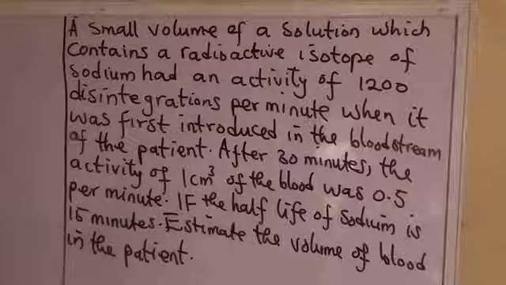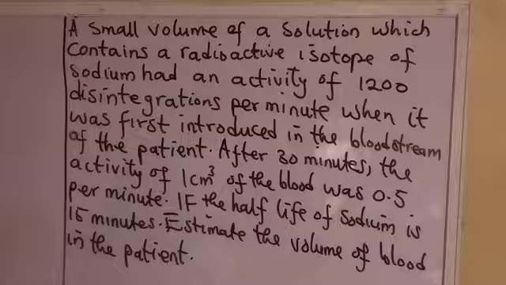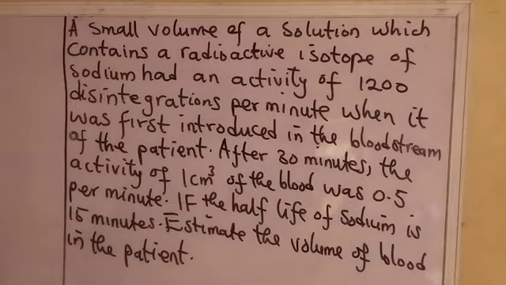After 30 minutes, the activity of 1 cm³ of the blood was 0.5 disintegrations per minute. Okay, that is missing, I'll add it. 0.5 disintegrations per minute. If the half-life of sodium is 15 minutes, estimate the volume of blood in the patient.